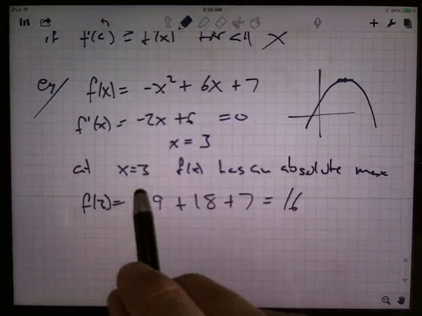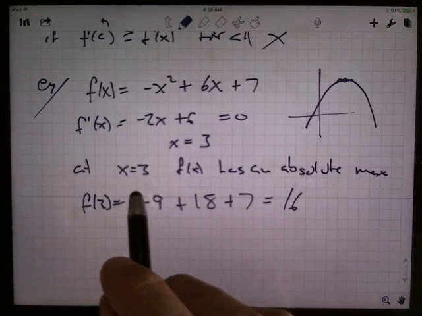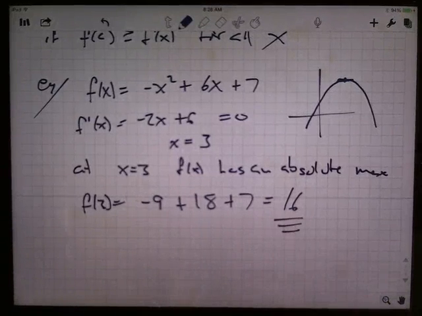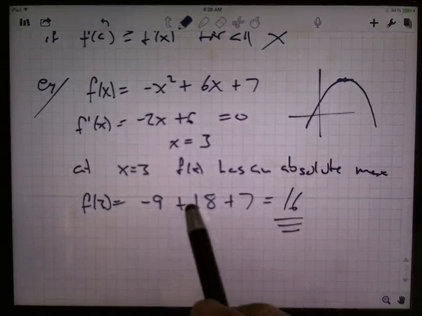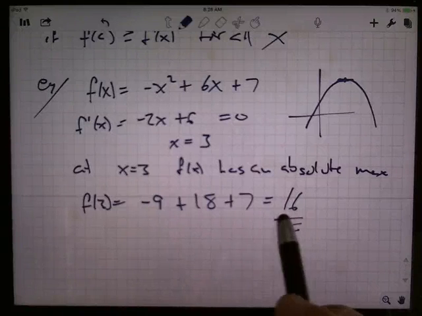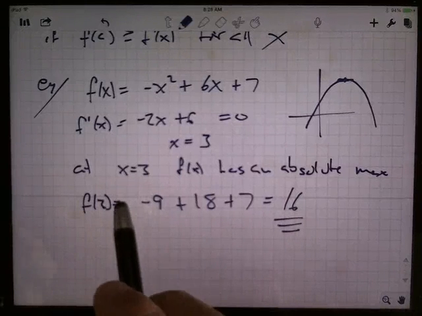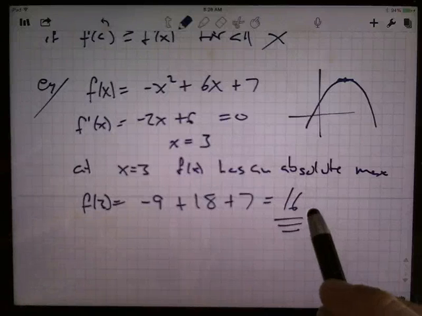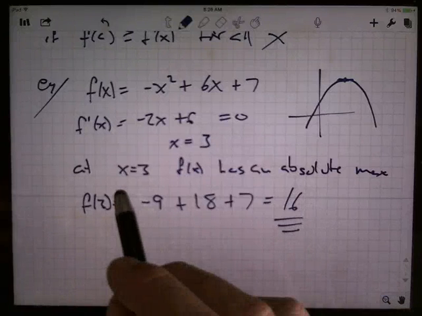So the maximum happens at x equals 3, but the maximum value is 16. So I might better word this and say f of x has an absolute max of 16 at x equals 3. Distinguish between what the absolute max is and where it happens.